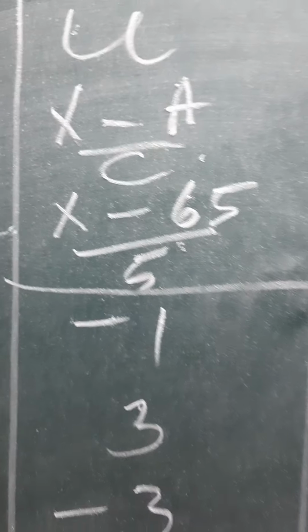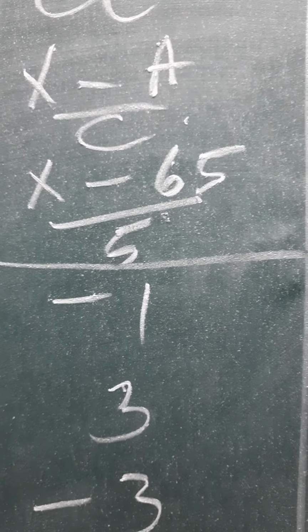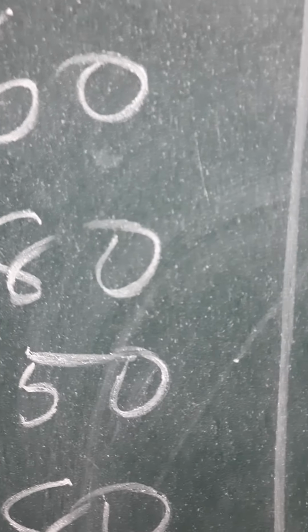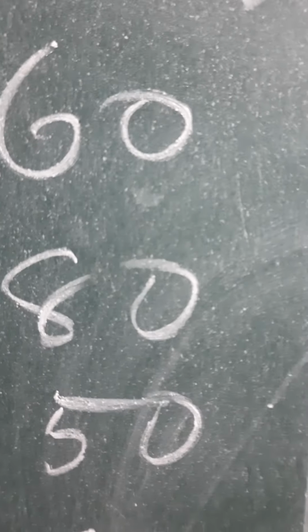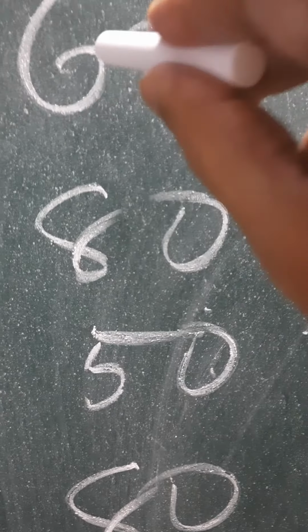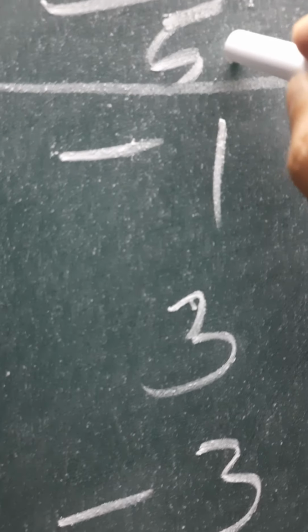Here, let us first work out u. U is equal to x minus a upon c. Now in this question, though the mean is 64, we take the assumed mean a as 65, because 65 is divisible by 5, and therefore 65 we take as the assumed mean, and 5 is the c.